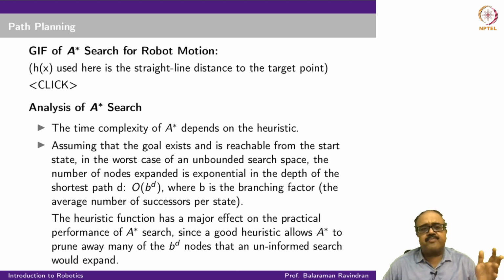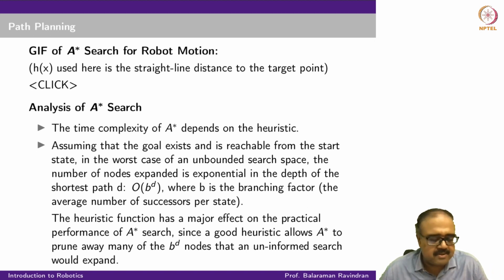In practical implementations, A star is used for most simple robot navigation problems. So BFS, A star, and Dijkstra's are the workhorse algorithms for path planning.